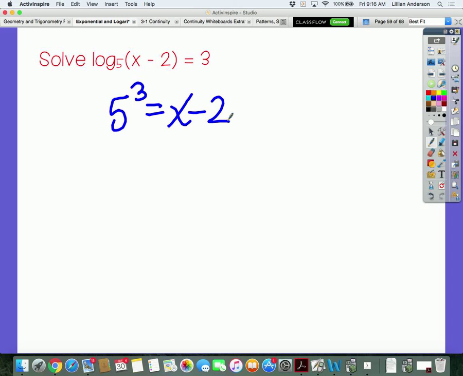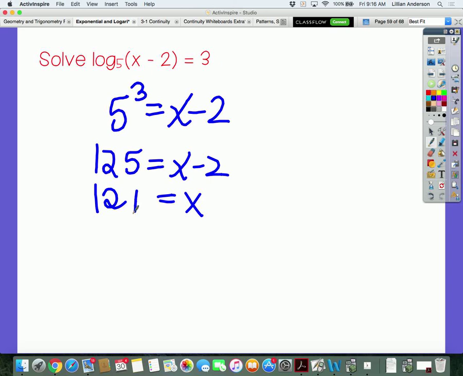With these, and I say it's a baby medium one because a lot of times students forget that they can do this. If you have a log on one side and a number on the other side, you can put it in exponential form and still solve it. What's 5 cubed? 125. That equals x minus 2. Add 2. You have 127.